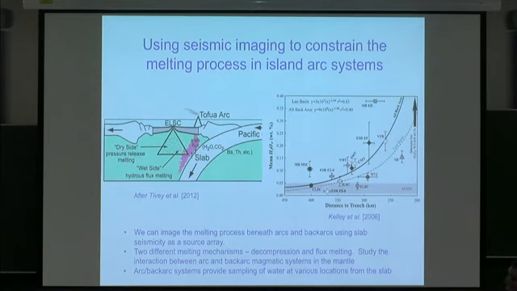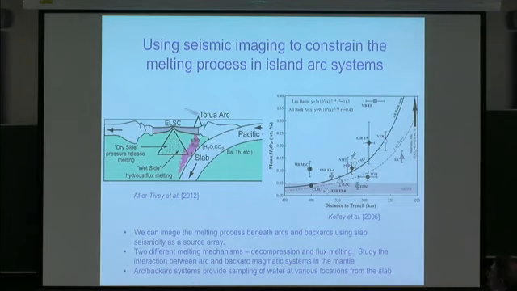different amounts of water in the melting system, because we know from fluid inclusion studies, like this study by Katie Kelly, that when we're closer to the arc and to the trench, we have much higher water contents in the melt source material.